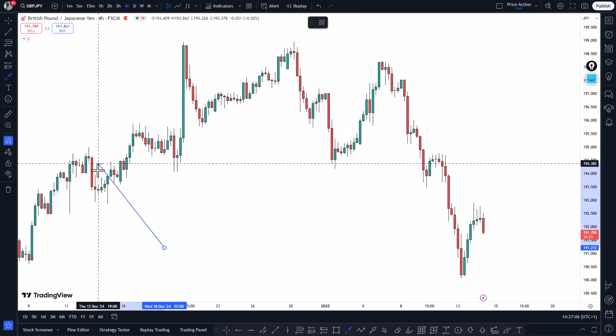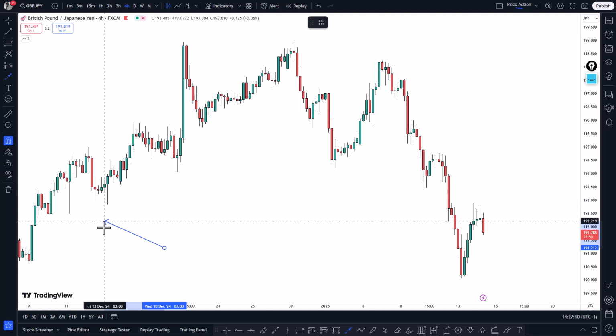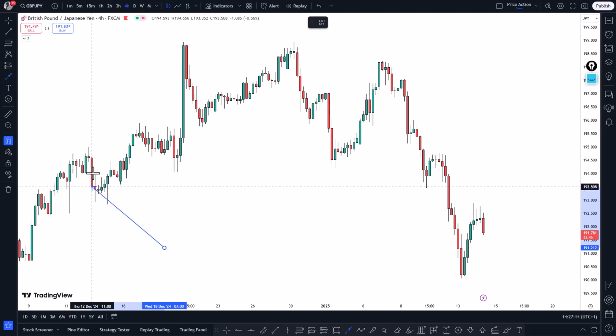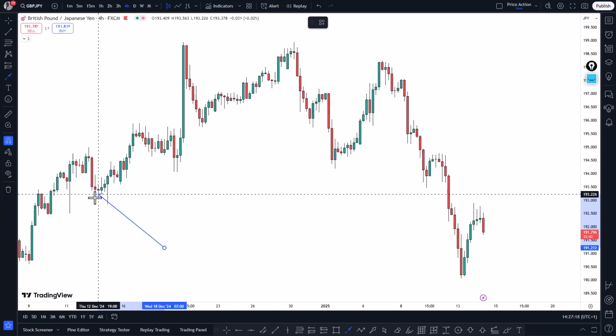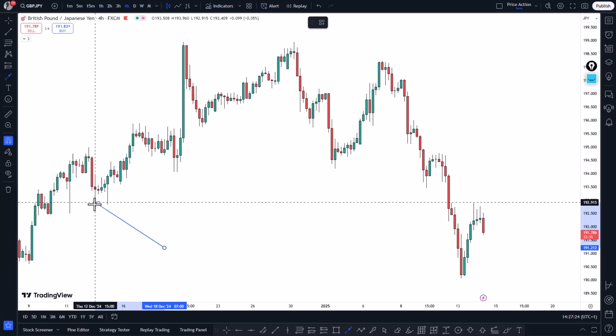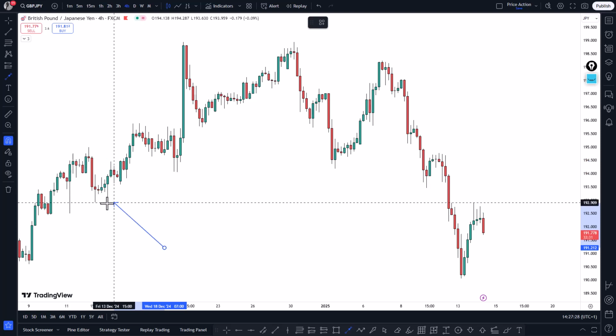But then you can see that as price moved down a bit, instead of continuing down with the same momentum that we had somewhere around here, after the show that the sellers put on with the formation of this candle, they couldn't repeat it continuously to keep forming lower lows and lower lows on the candles that were printed. And so price started getting weak somewhere around here.